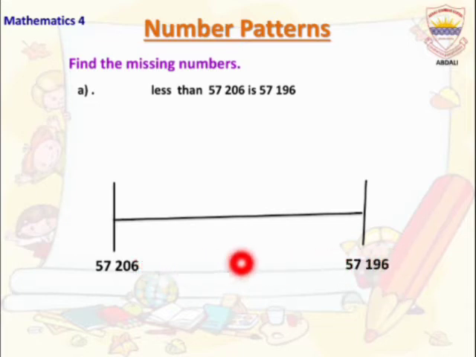Students, the thousands places in both the numbers are the same and the ones places are also the same. The difference in these numbers is at the hundreds and tens places.